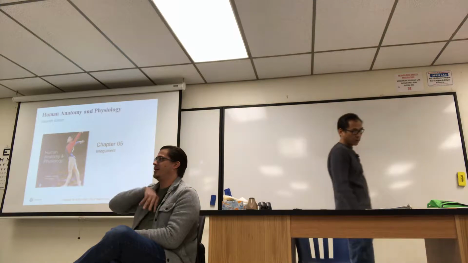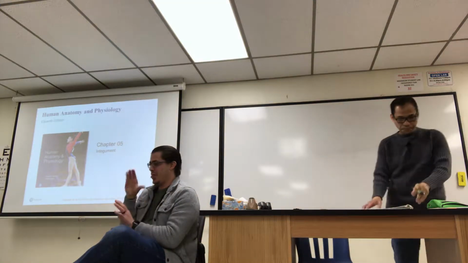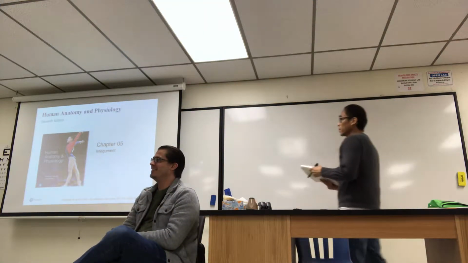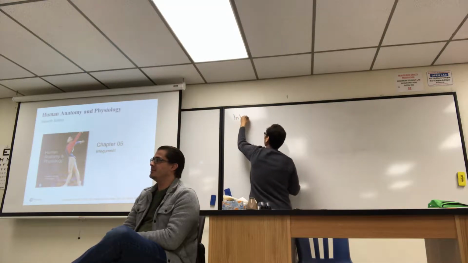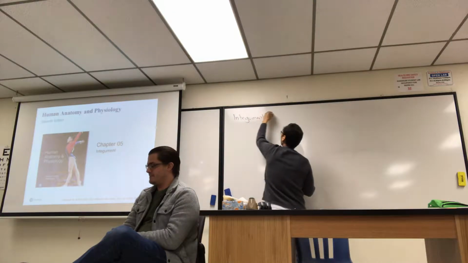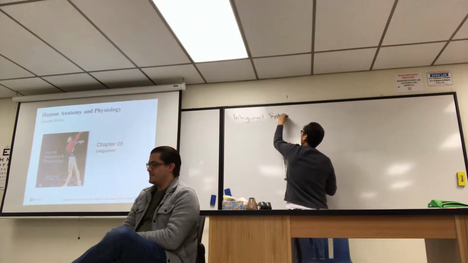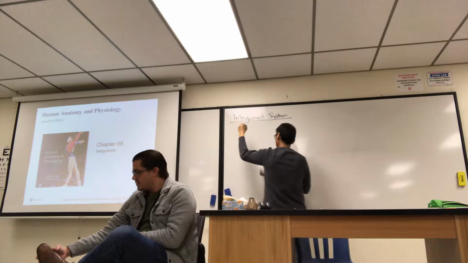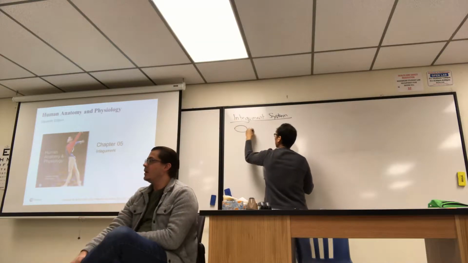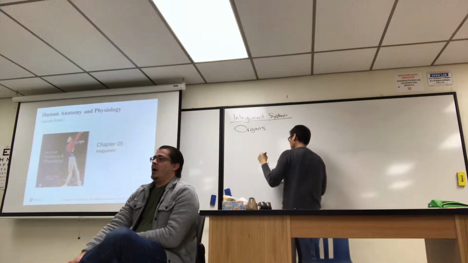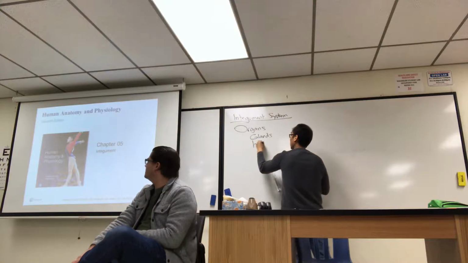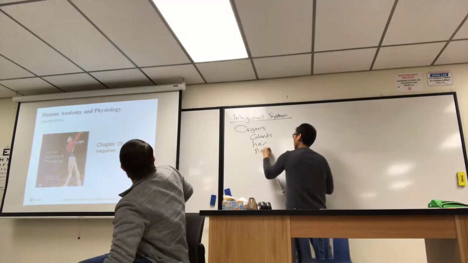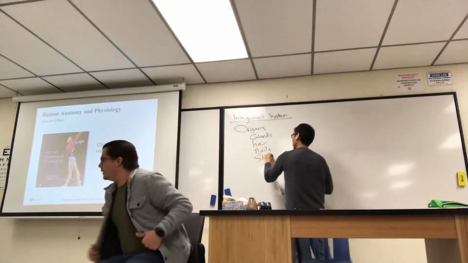We'll get started here. We'll talk about the integumentary system. Now the organs include glands, hair, nails, skin.